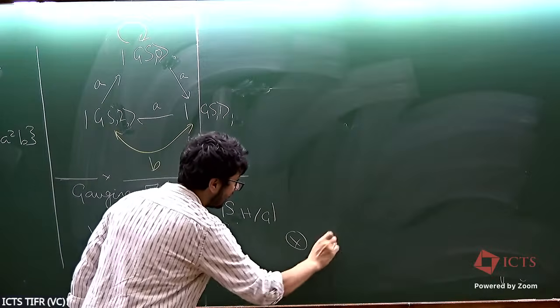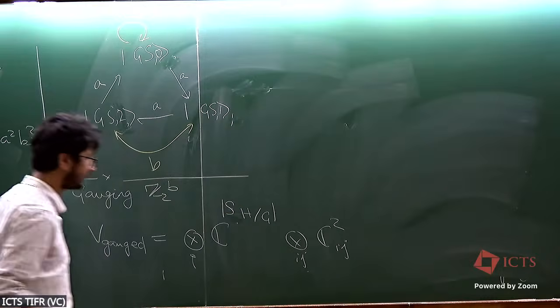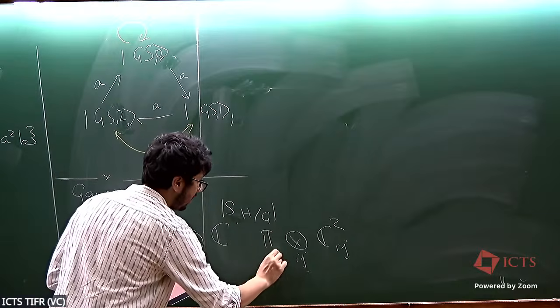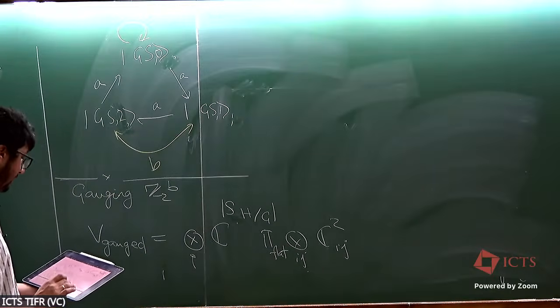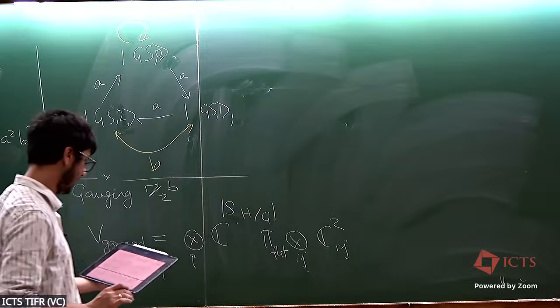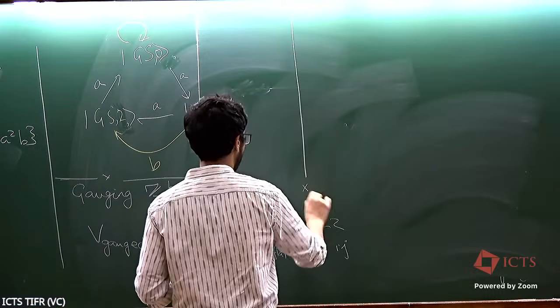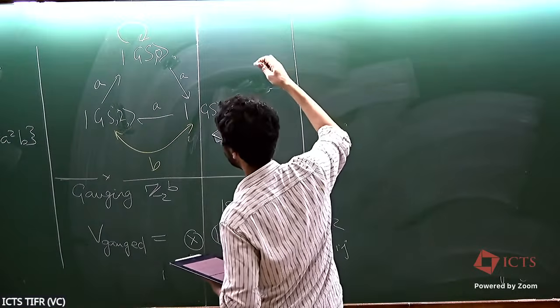And then there are Z2 degrees of freedom on the edges. And there's also a flatness condition on this. You can see the gauge. So I should say that the left cosets.